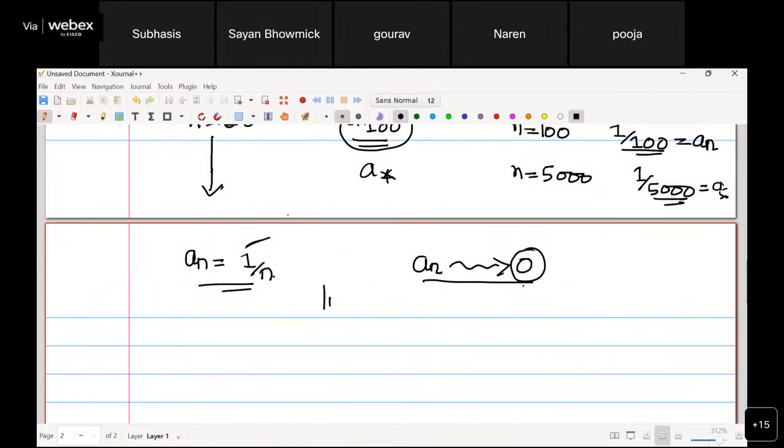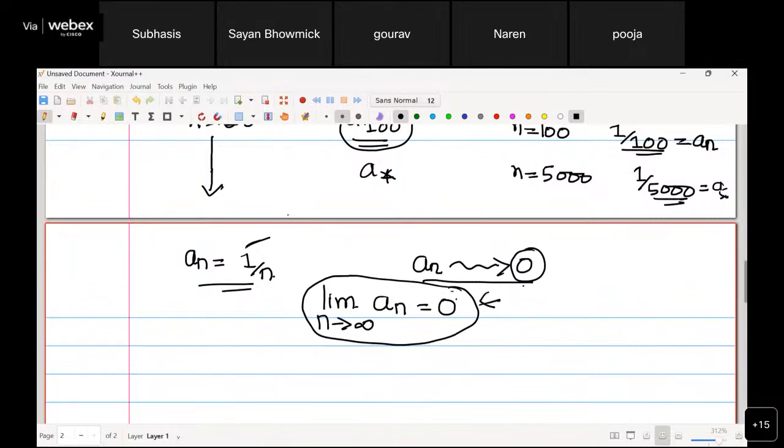In other words, the limit as n tends to infinity of this sequence a_n is 0. This is what we use to tell that the limit of the sequence is 0.